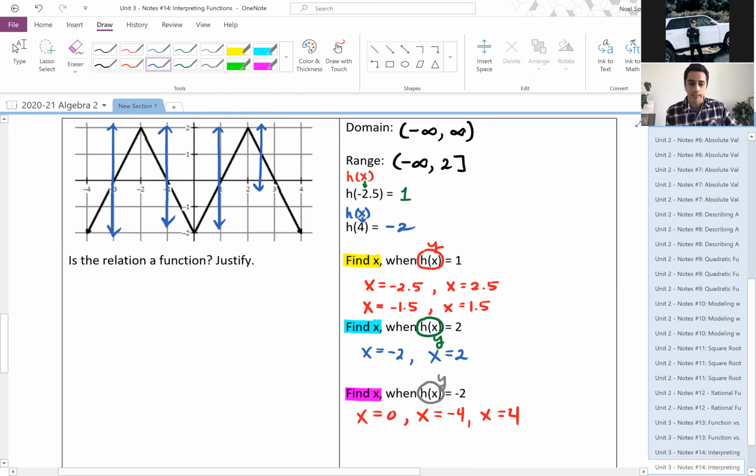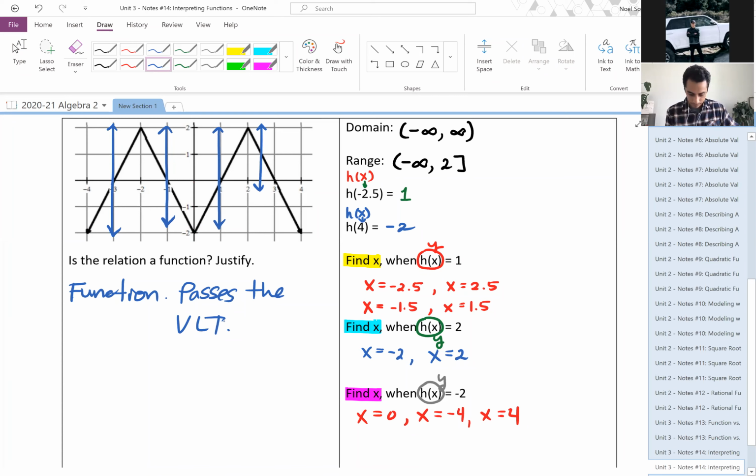This looks like we're going to end up with a function. Even though it's zigzagging, it's still a function because it's not going to cause any vertical line to hit the curve twice. So this would be a function. It passes the VLT. Any questions on this example? We got one more and then we'll be done.